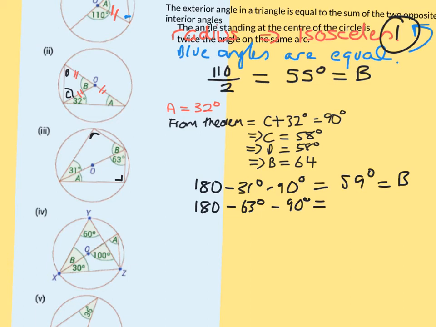So 180 minus 90 minus 63, I get 27 degrees is equal to A.